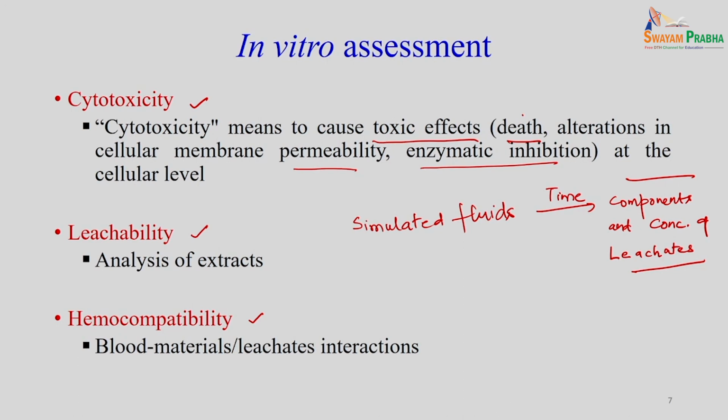The next is hemocompatibility, or you can say the blood-material interaction. It may include the clotting study, it may include the adsorption, because blood contains a lot of serum proteins.